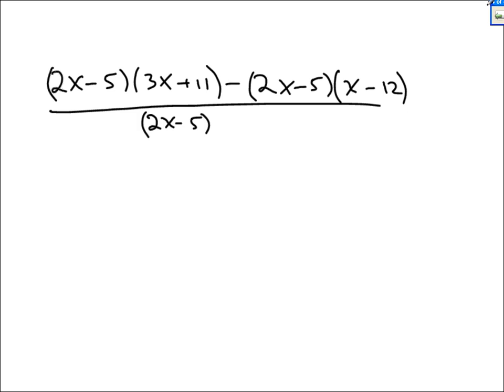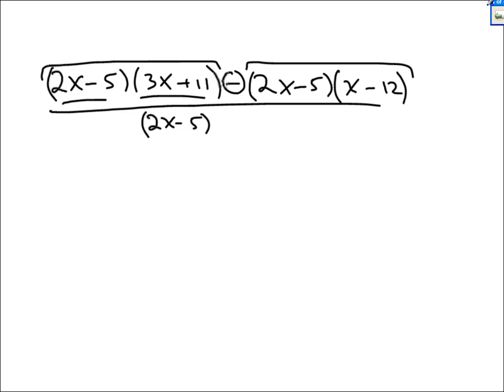Well, in the numerator, it's this term minus this term. Terms are separated by addition and subtraction symbols that are not in brackets. The left term is made up of factors, things that are being multiplied: what's in the first bracket times what's in the second bracket. The second term is made up of factors too.